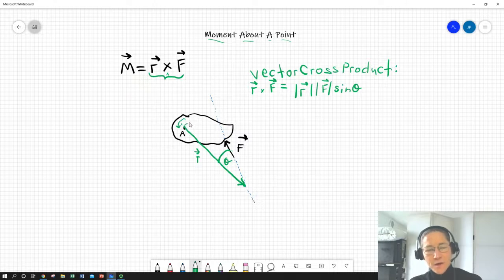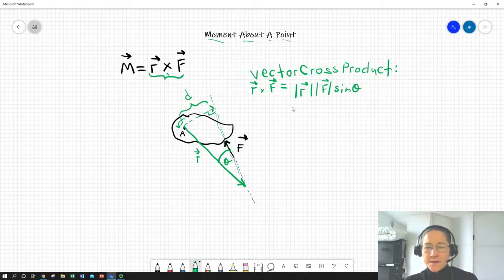Okay. So if I'm looking at the sine of this angle, basically I can draw a right triangle here. Here's my hypotenuse. This is theta. So sine theta is this quantity right here, which we'll just call d. So d happens to be the perpendicular distance between our point and the line of action of the force.